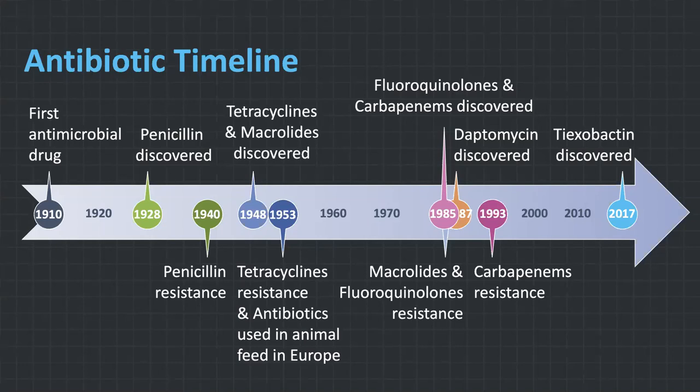So one thing that's particularly troubling is if you look at the top, discovering antibiotics, and then how quickly after we discover some of these, we discover resistance to them out in nature.